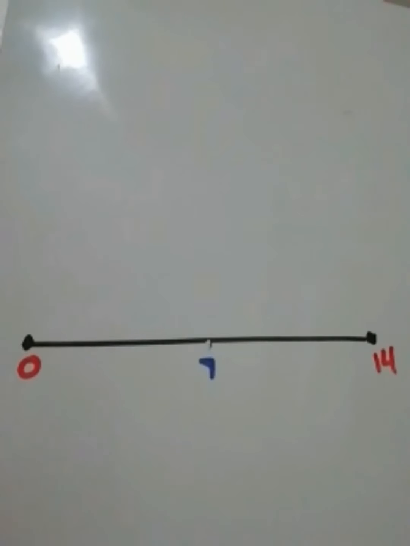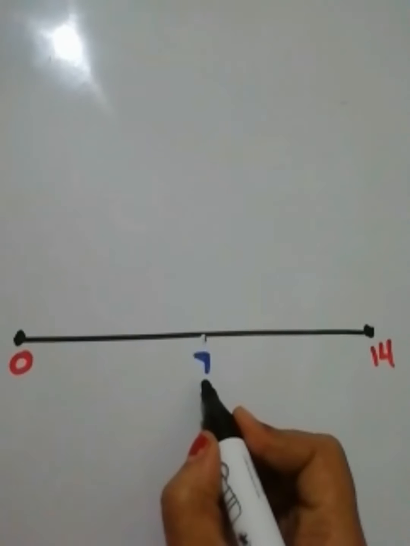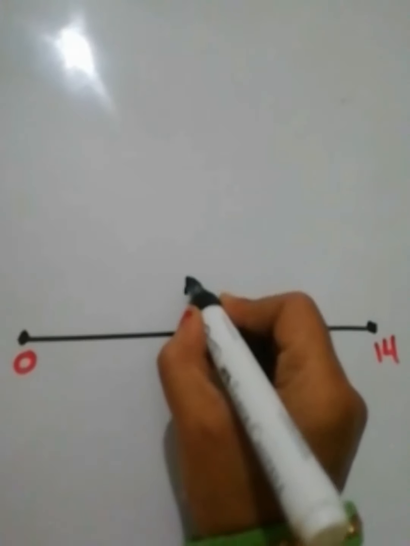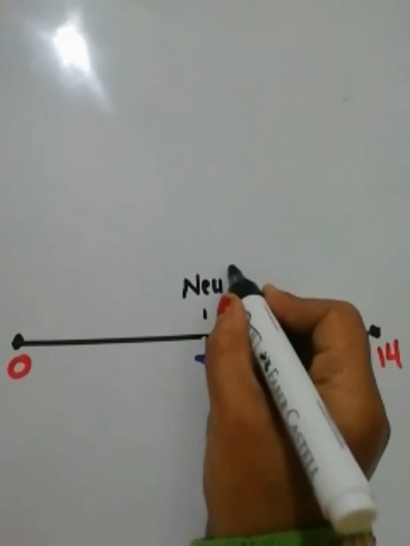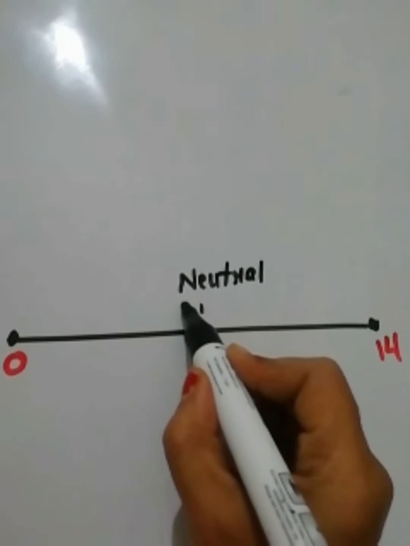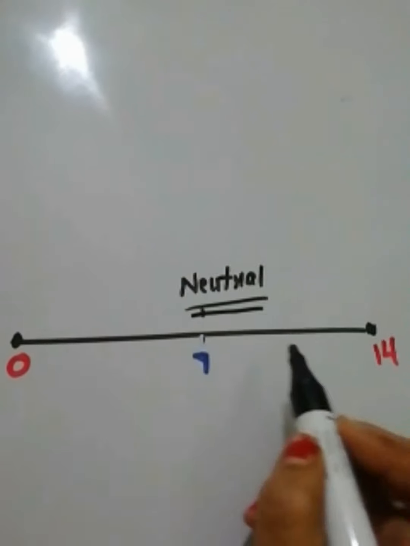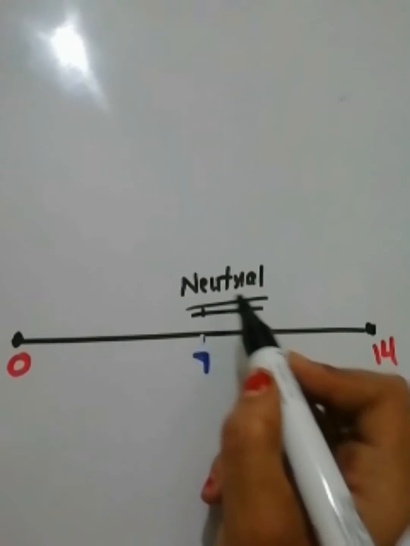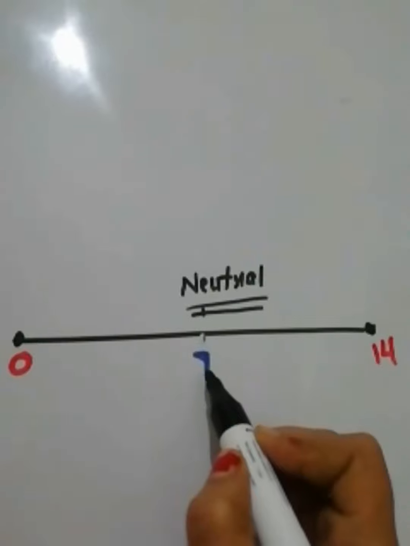Now, this 7 stands for neutral. Neutral means neither acid nor base. Like water, it is neutral. It is neither acid nor base. So this is neutral at 7.